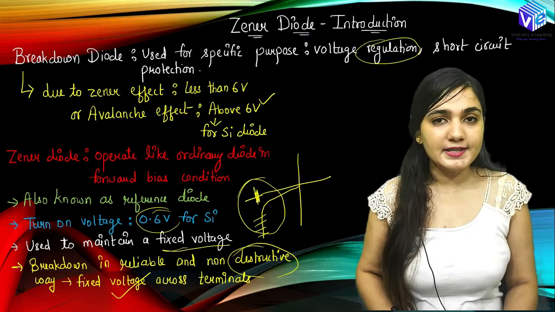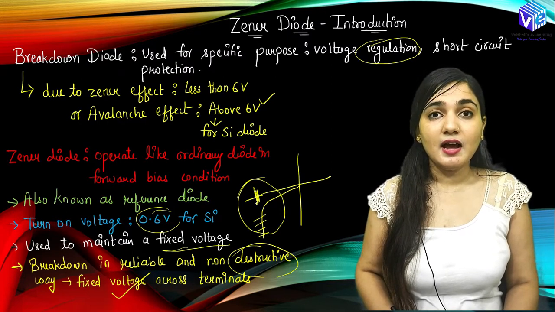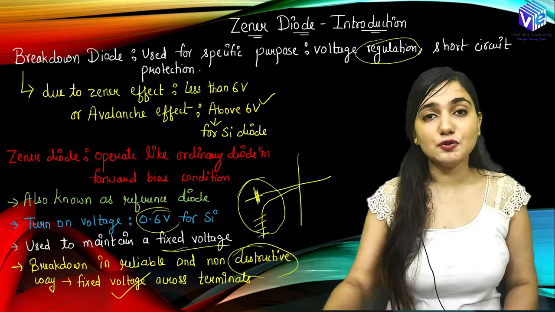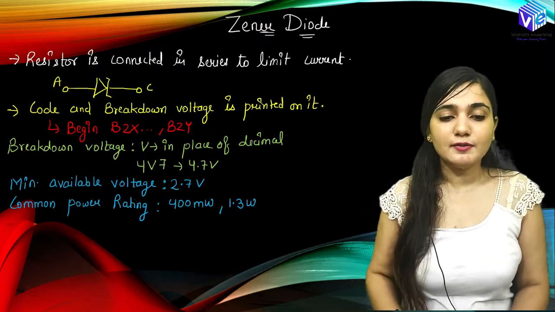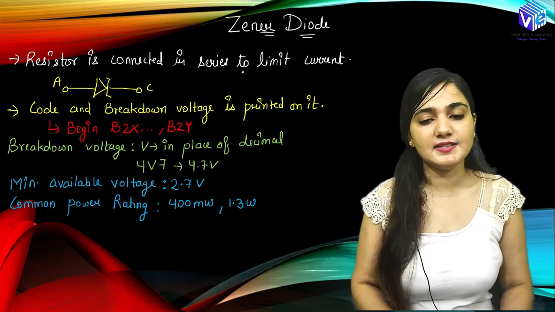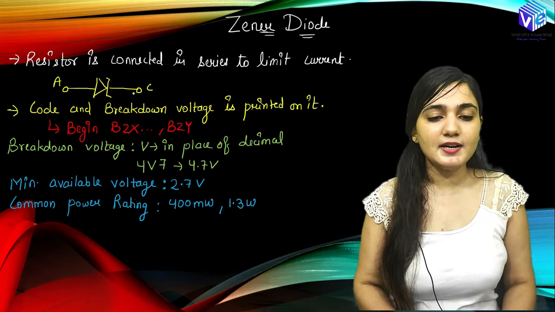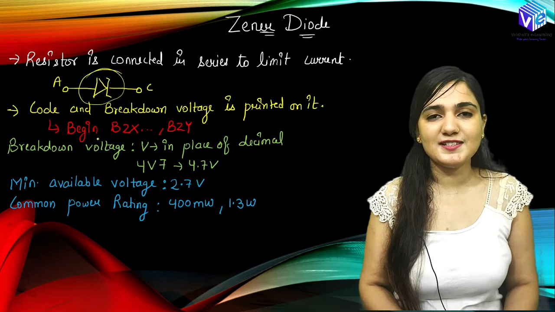But I don't want this. If I have infinite current, I will damage the device due to heat. So I will connect a resistor in series to limit the current, right? So this is the representation of the Zener diode.